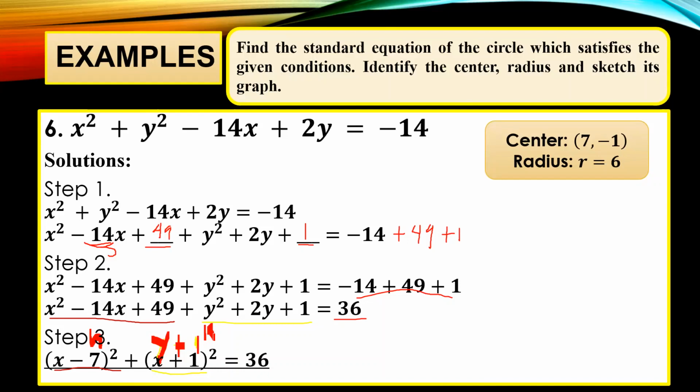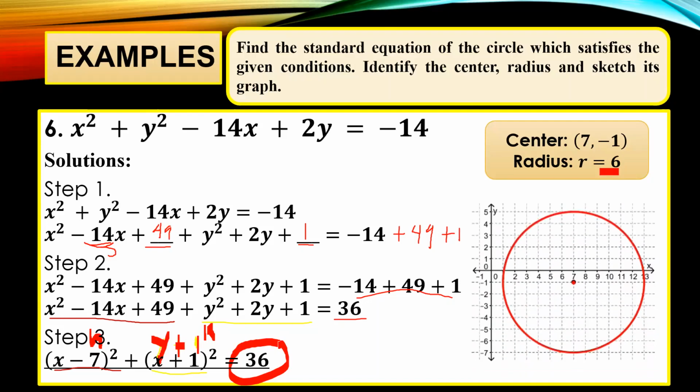We have x minus 7, so h is 7, and y plus 1, so k should be negative 1. And the radius is 6, the square root of 36. If you want to find the radius, always take the square root of the constant term.